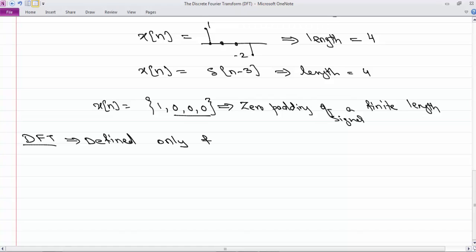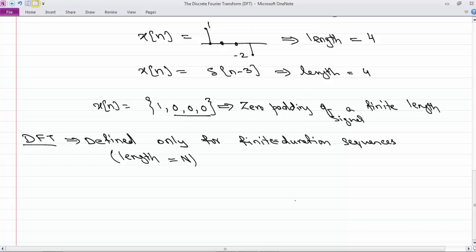only for finite duration sequences. Okay? And we often write the length of the sequence as N. So you say, take a DFT of a length 1024 signal, or take a DFT of length 256 signal.